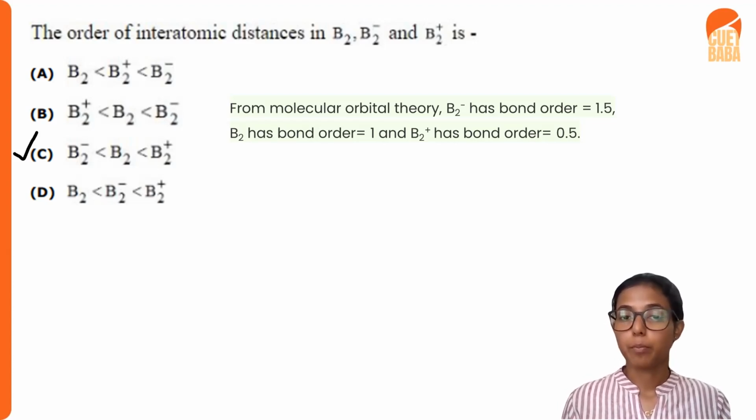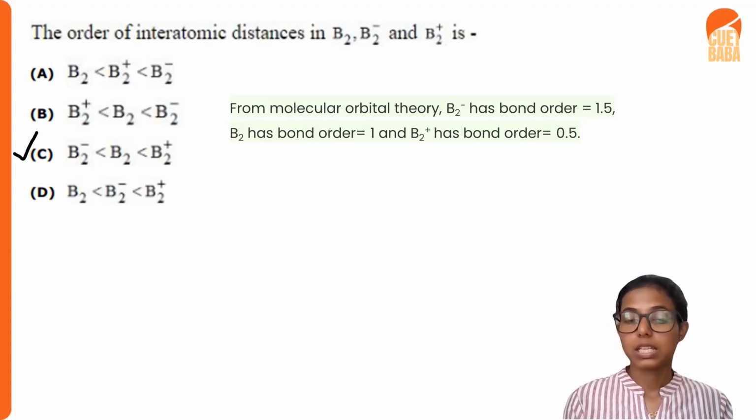We know that when bond order increases, the interatomic distance will be low. That is, for a double bond, the bond length will be less. Here we want to see the order of interatomic distance. Because B2 minus has the highest bond order of 1.5, it will have the lowest interatomic distance, and next B2 has the next lower bond order, that is 1.